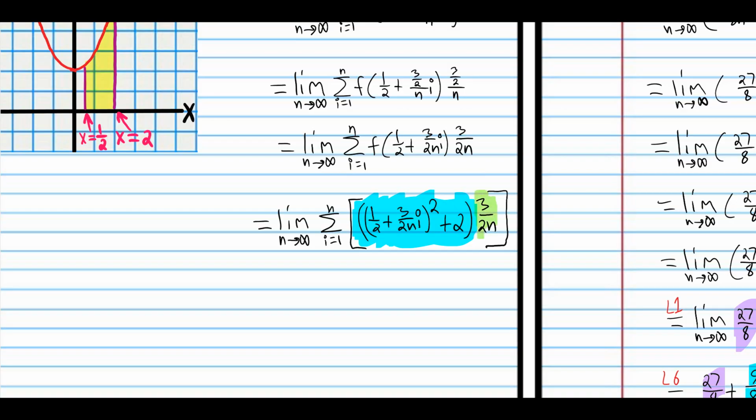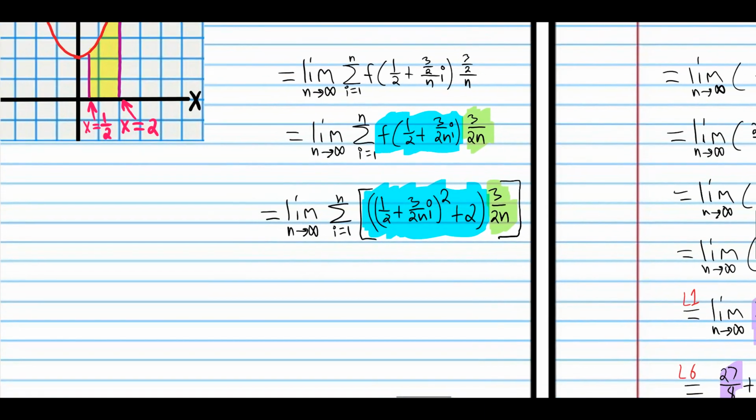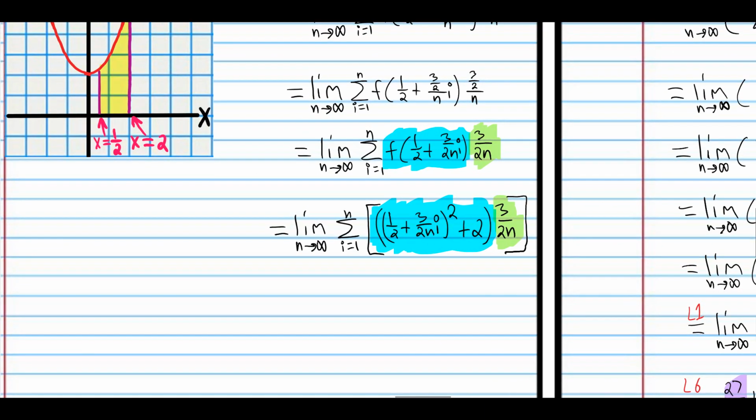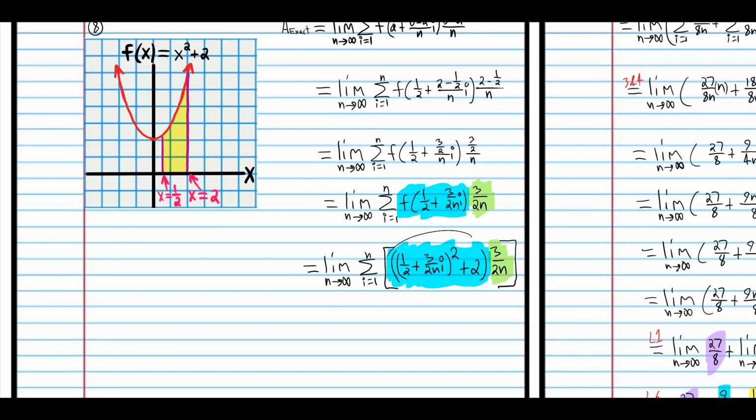And of course, this green expression here is the width of each rectangle. Okay, let's make sure we have that right. Everything looks good. And again, we squared and added 2 because that's what the function tells us to do, right?